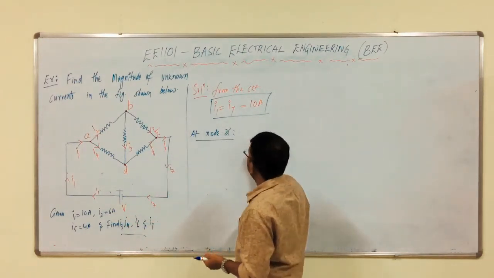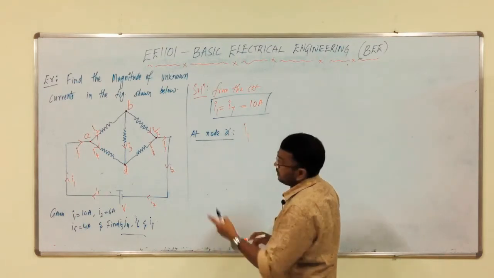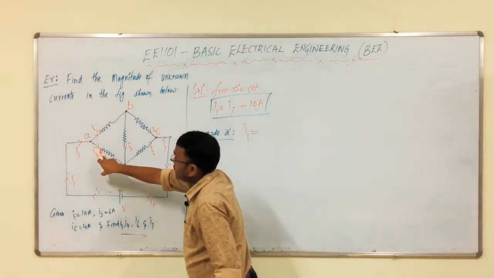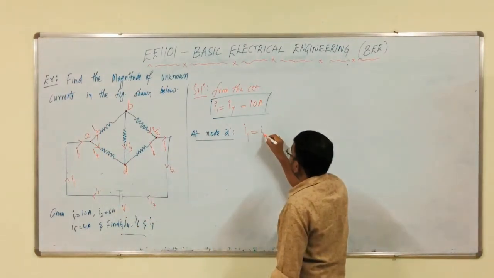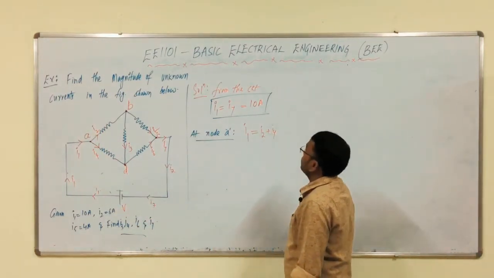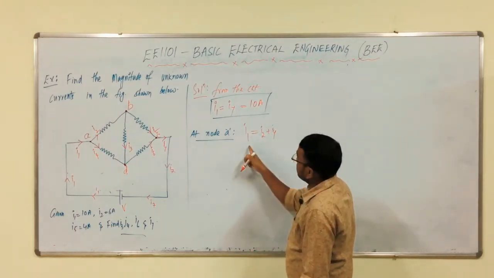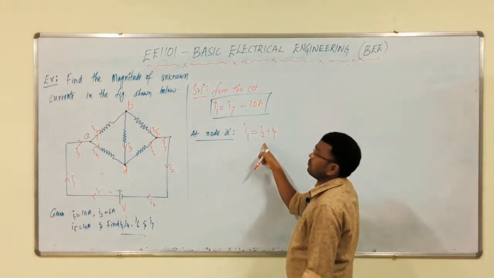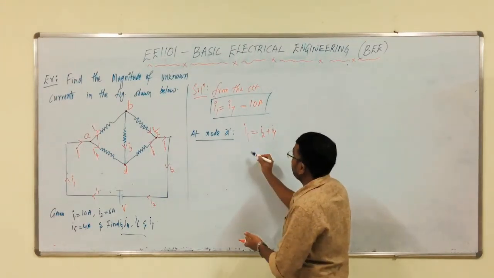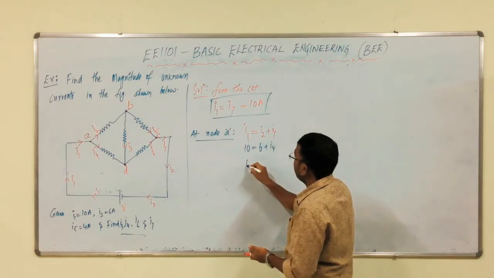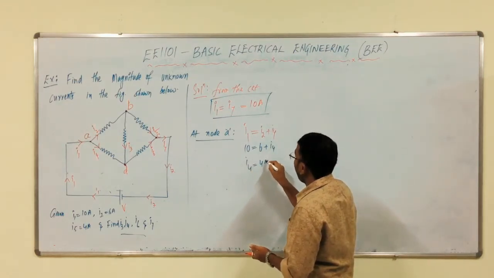Means at node A, I1 is the incoming current, which equals I2 and I4, the outgoing currents. I1 equals I2 plus I4. We know that I1 is 10 amps and I2 is 6 amps, given. So, 10 equals 6 plus I4. From this, I4 equals 4 amps.